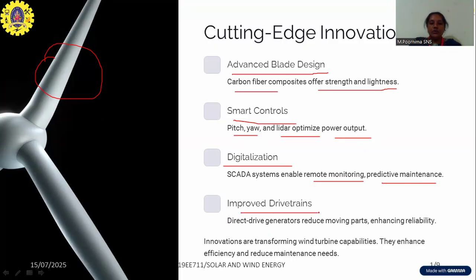The next one is an improved drive train, where direct drive generators reduce moving parts, enhancing reliability. These innovations are transforming wind turbine capabilities. They enhance efficiency and reduce maintenance needs. This is the cutting edge of innovation.